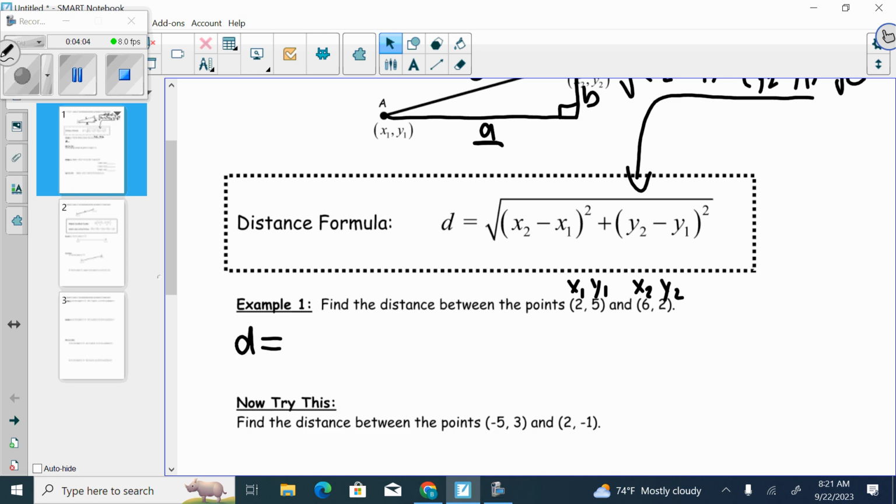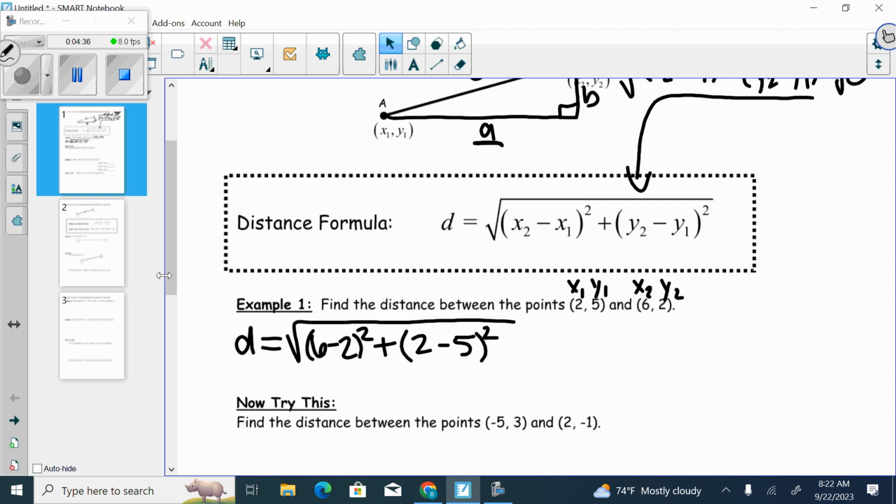So I'm going to have that distance is equal to the square root of x2 minus x1. What's x2 minus x1 for us? What numbers would that be? Very good. So I'll have 6 minus 2, and the formula says to square that, plus y2 minus y1. What are our numbers for that? Good. And the formula says to square that as well.